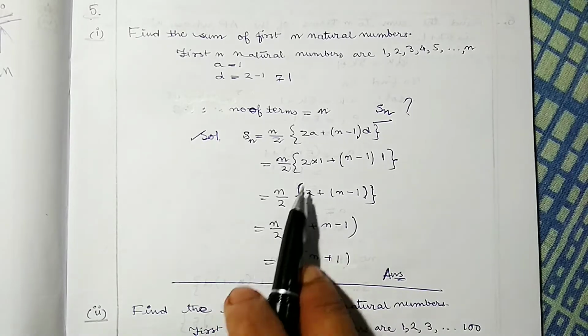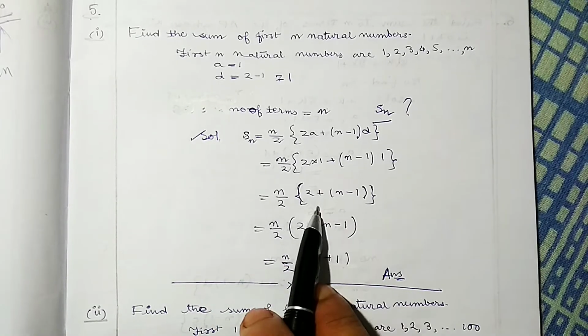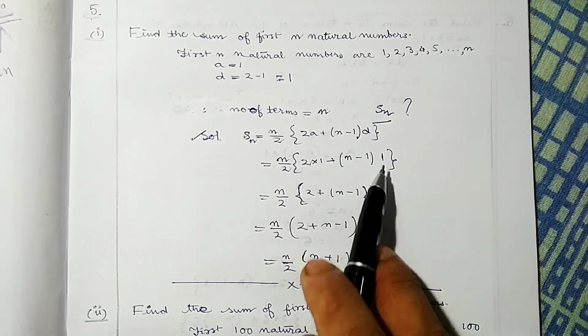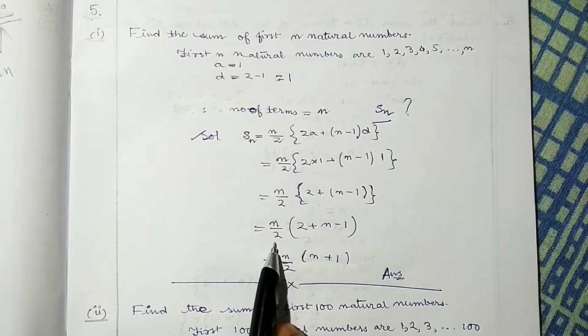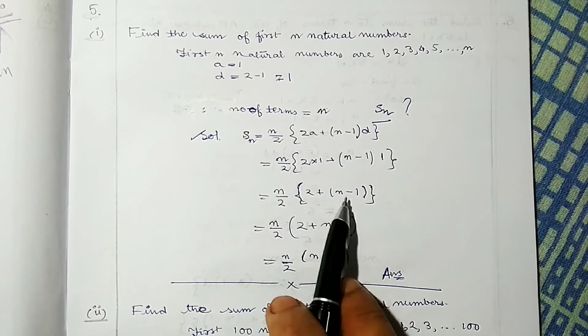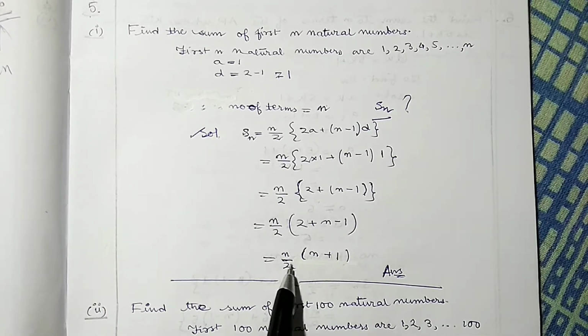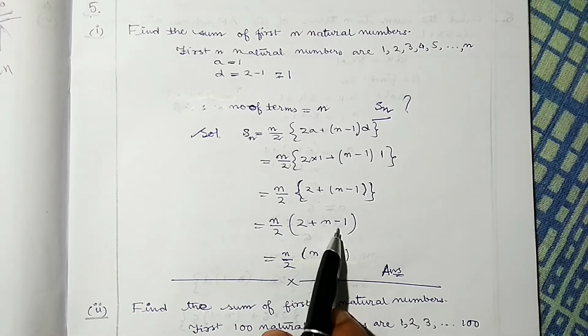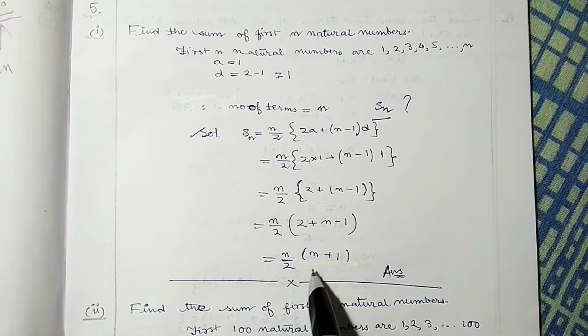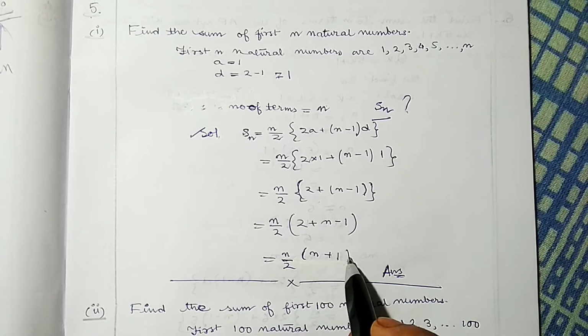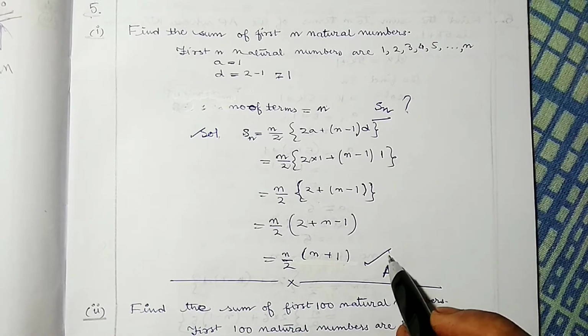So n by 2, 2 into 1 is 2, plus n minus 1 into 1, it will remain n minus 1. So n by 2, 2 plus n plus minus 1. So n by 2, here it will be n, and 2 minus 1 will be 1. So n into n plus 1 divided by 2 is the required sum.